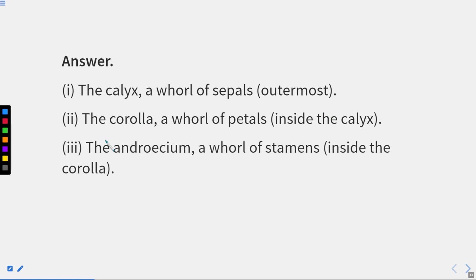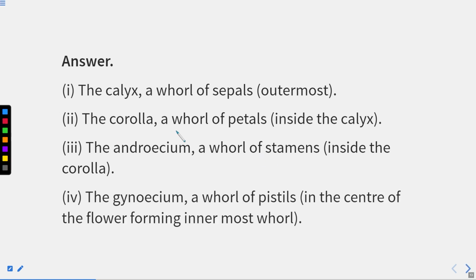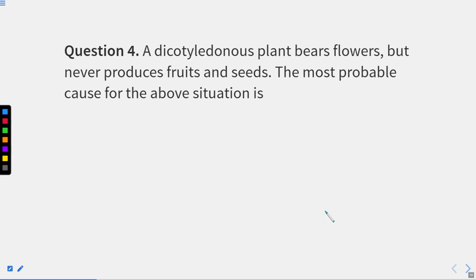Then the third whorl is made up of the androecium, which is nothing but the whorl of stamens. And the fourth whorl is known as the gynoecium, which is the whorl of pistils. It is present in the center of the flower, forming the innermost whorl. So this is the correct answer for this question.